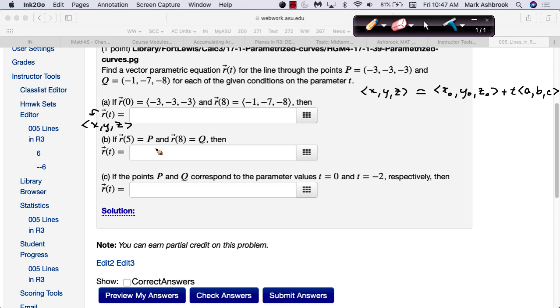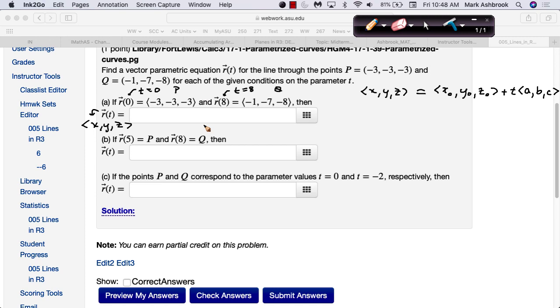And so they want us to get specific forms of the line. This is saying when t equals 0, we want our equation of the line to generate what? Point P. And when t equals 8, we want the equation of the line to generate point Q. So let's start with the first.